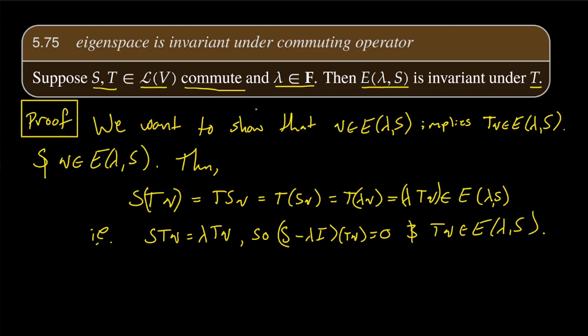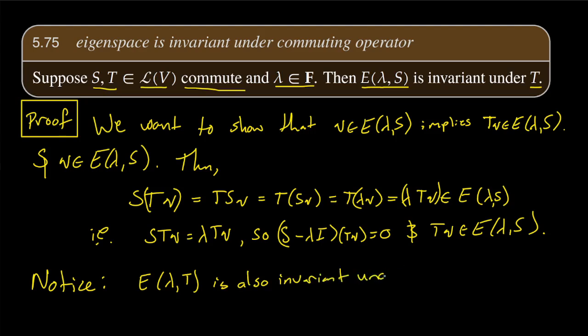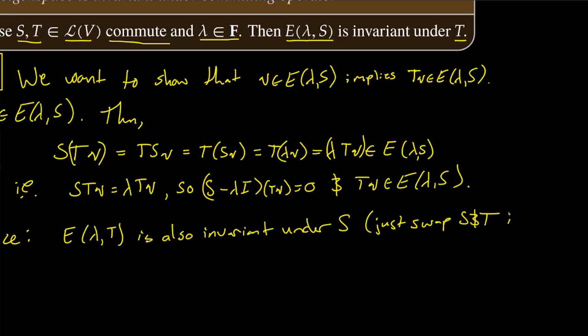So, notice E lambda T is also invariant under S. Just swap S and T in this proof.